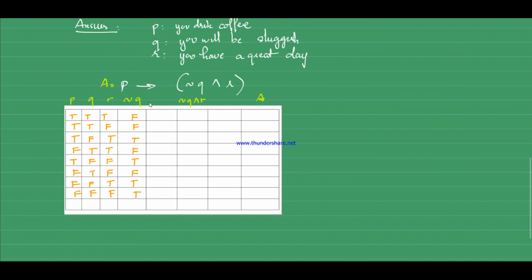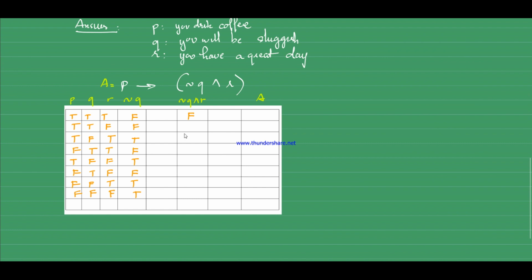Now we're going to do AND between this column and this column over here. So AND is a promise to deliver a TV and laptop. So it cannot deliver TV right here, so it's going to end with F. Cannot deliver both.